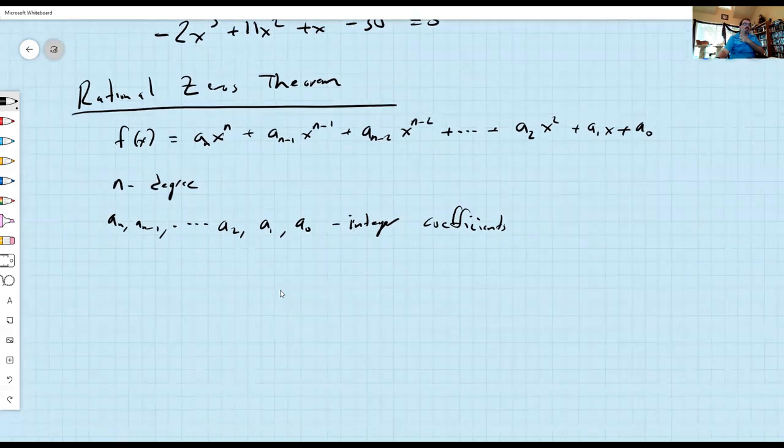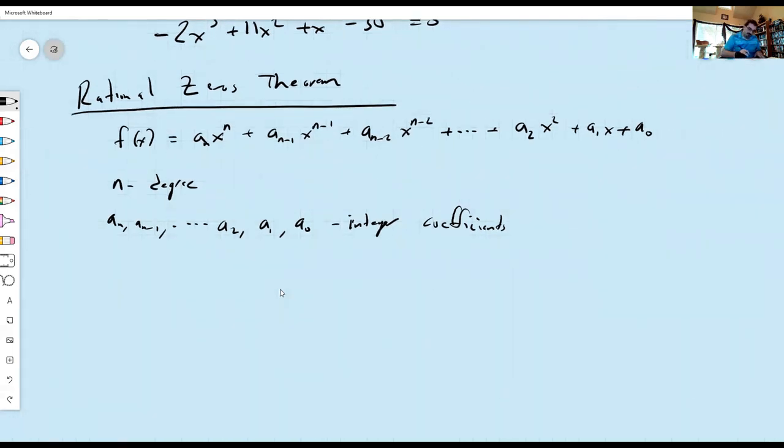And if they are, what the result is, then you have the possible rational zeros. Again, rational in mathematics a lot of times means it can be written as a fraction. So these zeros are either going to be fractions or they're going to be whole numbers.